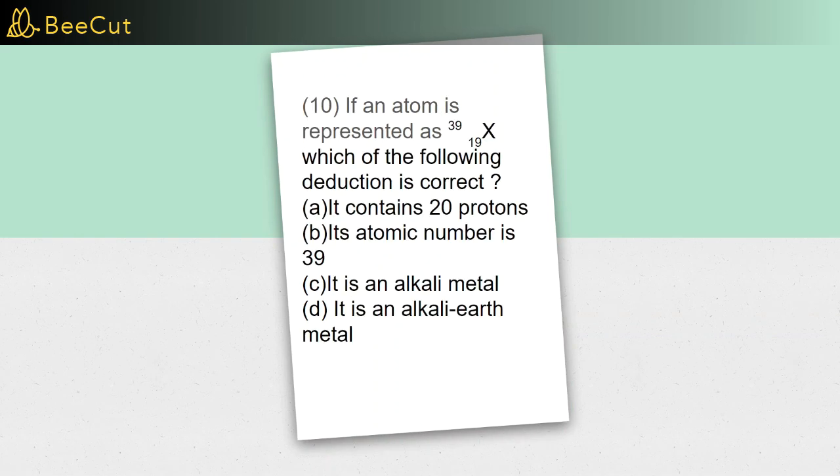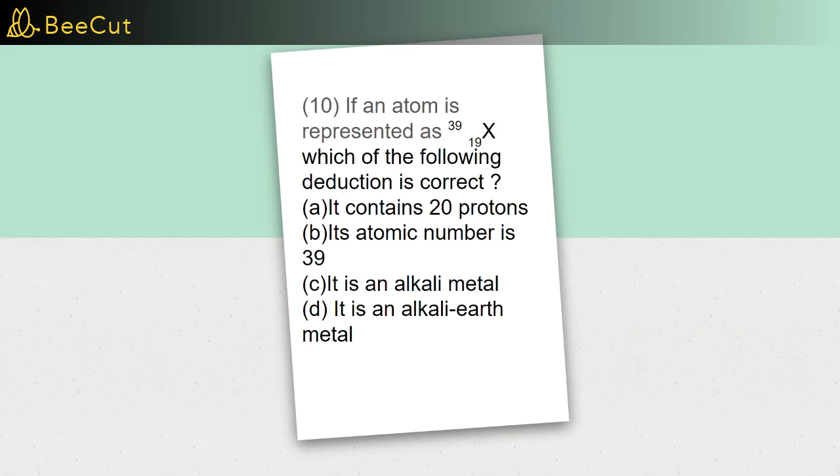If an atom is represented as X with mass number 39 and atomic number 19, which of the following deductions is correct? It contains 20 protons? No. The proton number is 19, which is the same thing as the atomic number.